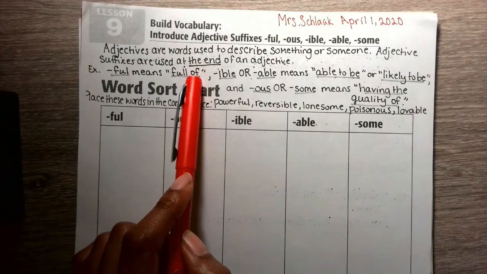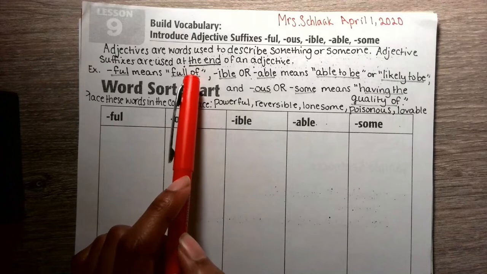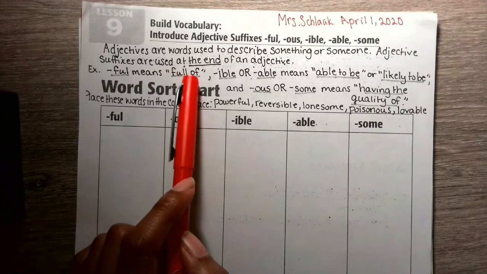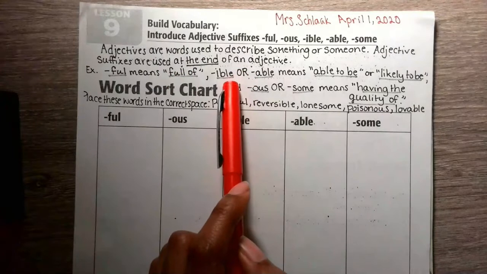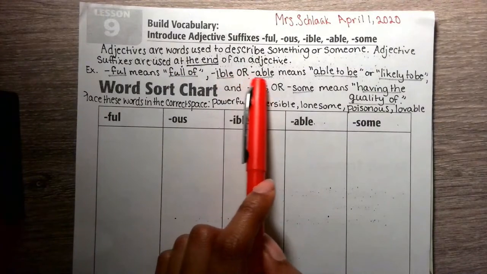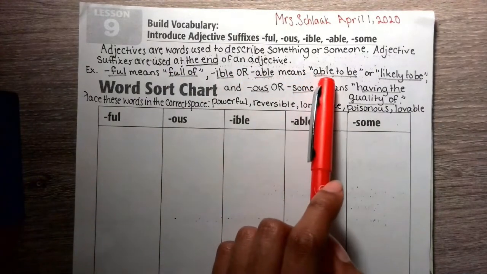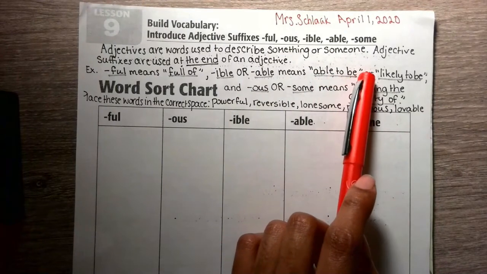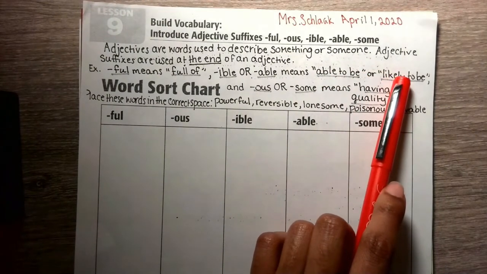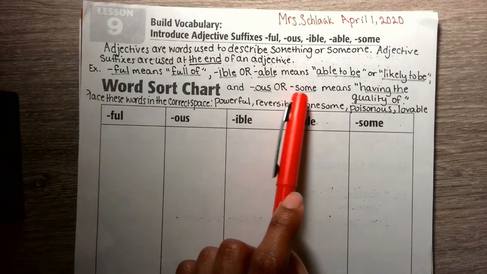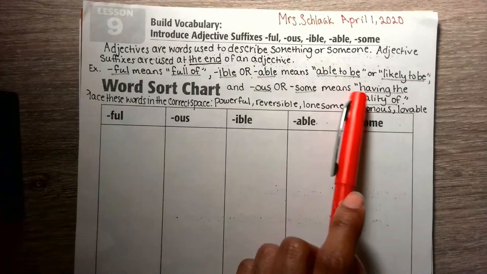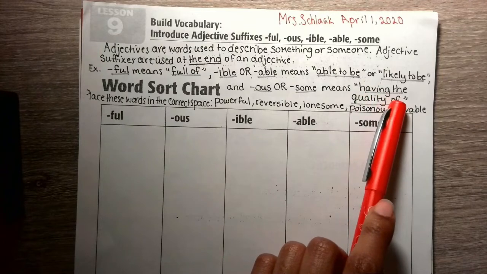So if I say beautiful, it means that it's full of beauty. Able means able to be or likely to be. Us or some means having the quality of.